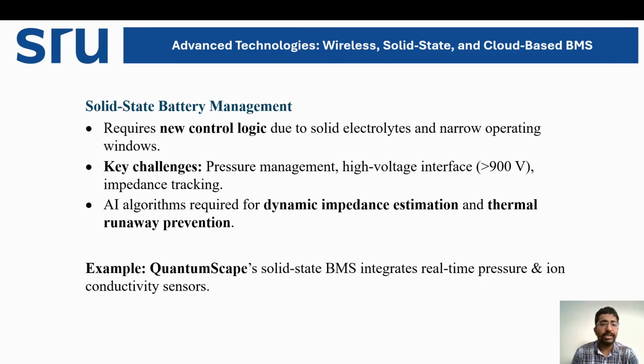So higher voltage interference will mean interface issues will be there. Then AI algorithms are required for dynamic impedance estimation. How the impedance will be estimated dynamically, those things also need to be taken care of. It will help to prevent thermal runaway, like QuantumScape.